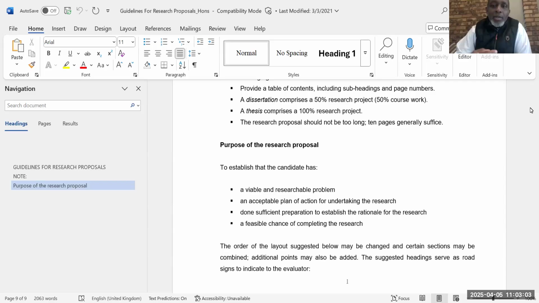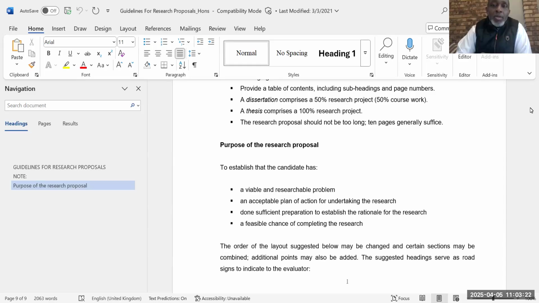Also, is your research plan acceptable? And in terms of your rationale, is it effective also? So that's the purpose of a proposal.